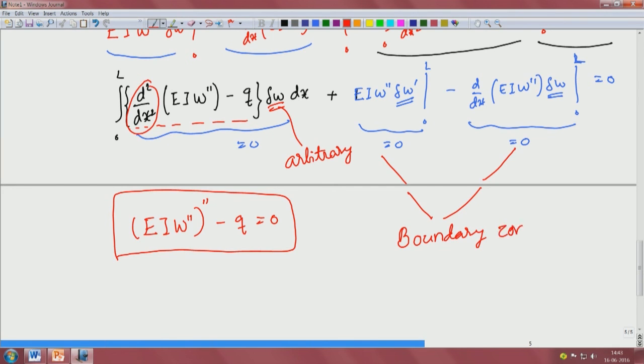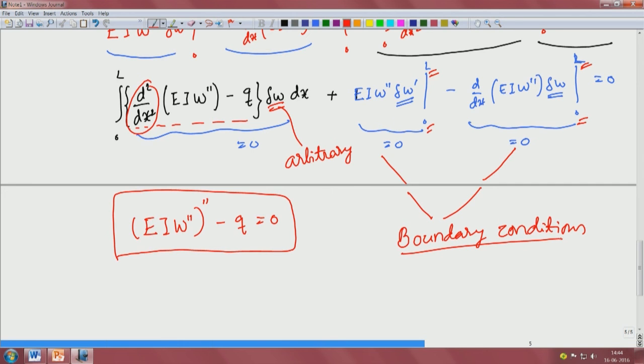So, we need enough boundary conditions to solve for the 4 constants that are there. Let us say E and I are not dependent on x, then you get a fourth derivative of w. When you integrate it, you need 4 constants. We have 2 sets of boundary conditions at 0 and L and 0 and L. So, you get 4 of those to solve for these constants.